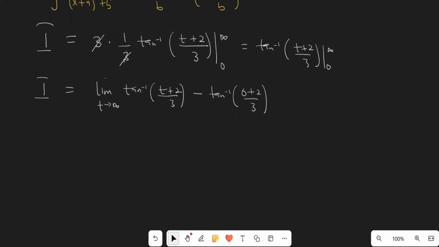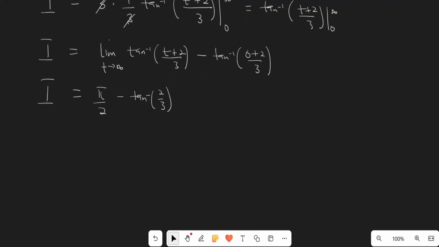So as t is approaching infinity, t plus 2 is going to be approaching infinity, and infinity over 3 is going to be approaching infinity. And the tan inverse of infinity is pi over 2, which is 90 degrees, minus the tan inverse of 0 plus 2 over 3, which is the tan inverse of 2 over 3. So this is the answer to our integral.